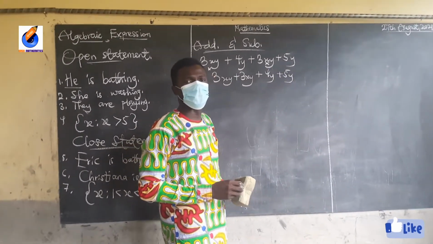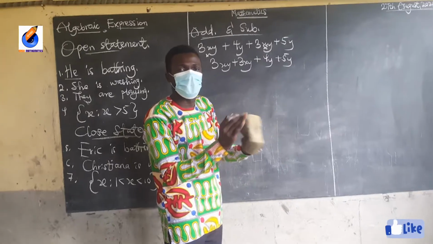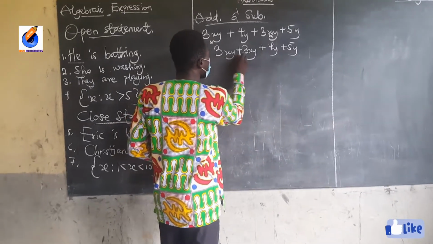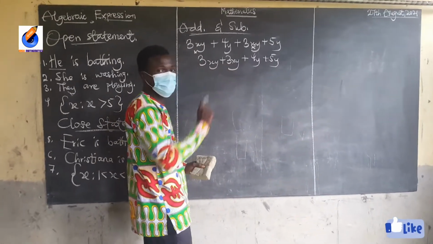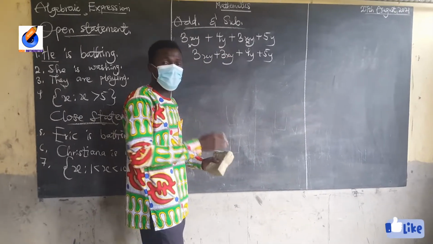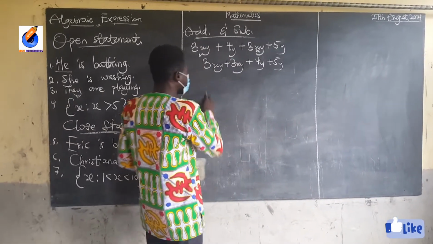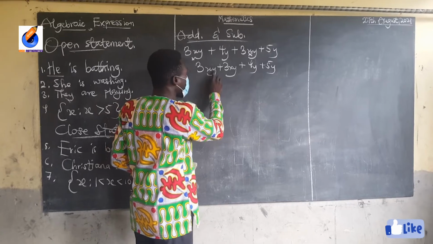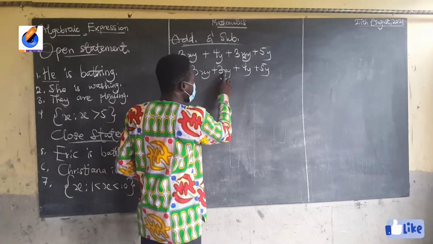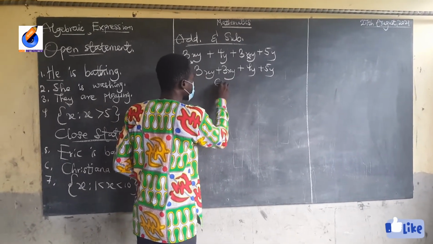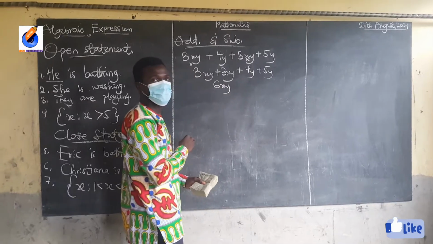Then what do I do next? Put the numbers together. So 3 plus 3 will give me what? 6. So if 3 plus 3 gives me 6, then 3xy plus 3xy will give me 6xy.